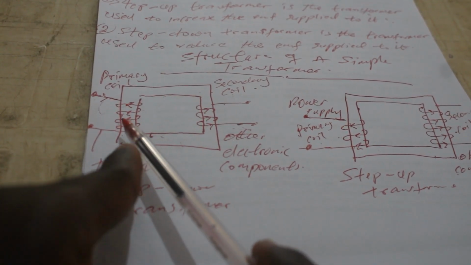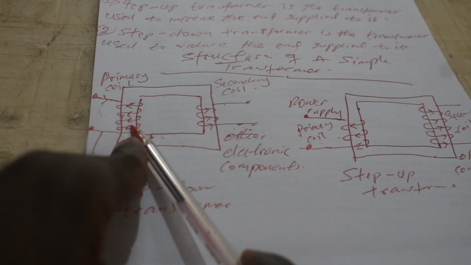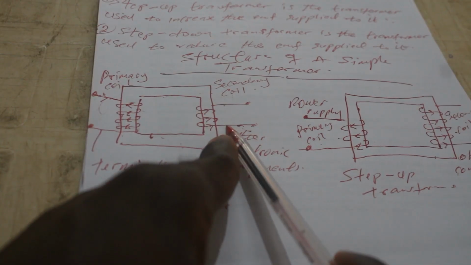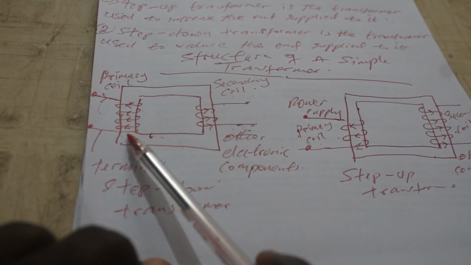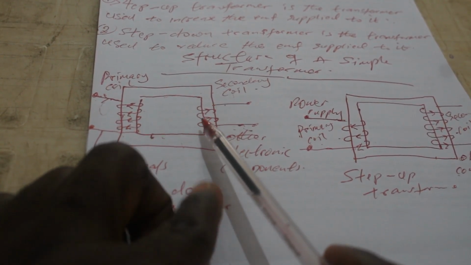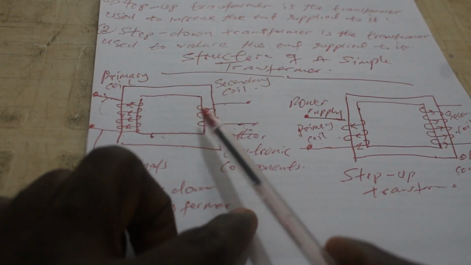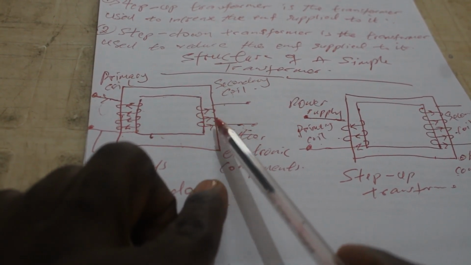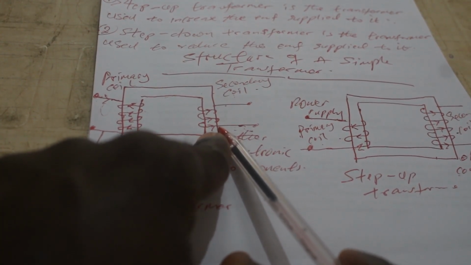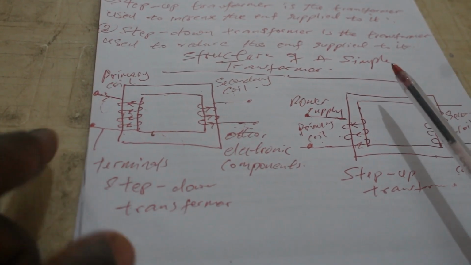That means the amount of EMF supplied here is going to be less than the amount supplied here. Why? Because the amount of EMF induced has a direct correlation with the number of turns. Since the number of turns is smaller here, the amount of EMF here will be smaller than the amount of EMF here.